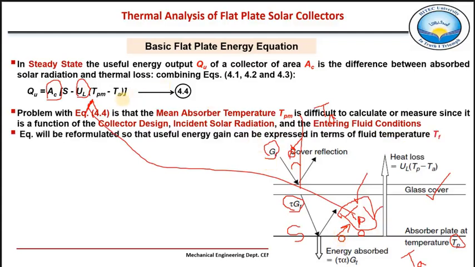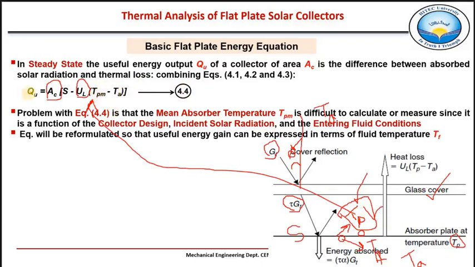So this equation 4.4 will be reformulated so that the useful energy gain can be expressed in terms of fluid temperature, because the fluid temperature which is flowing through these tubes will be at a temperature, for example, TF, right? But this equation 4.4 is not on the basis of TF, it is on the basis of mean plate temperature.